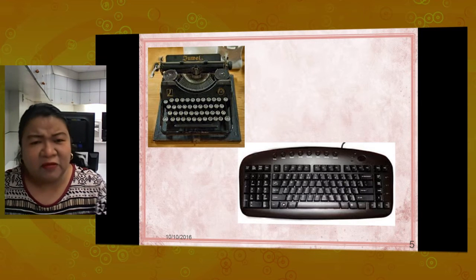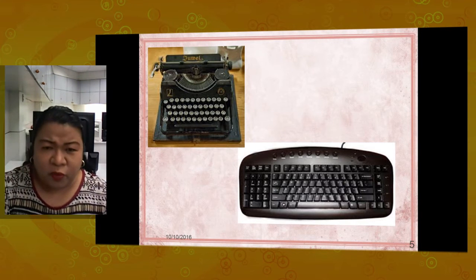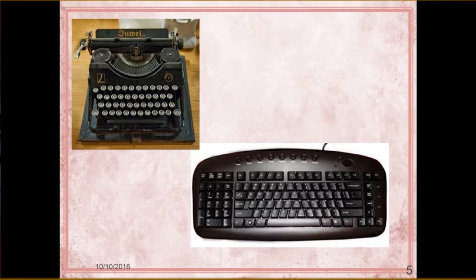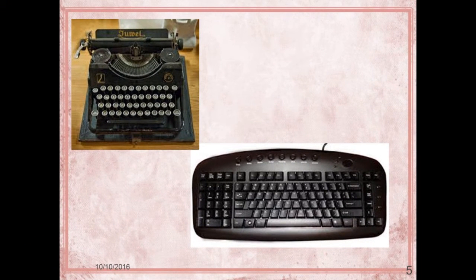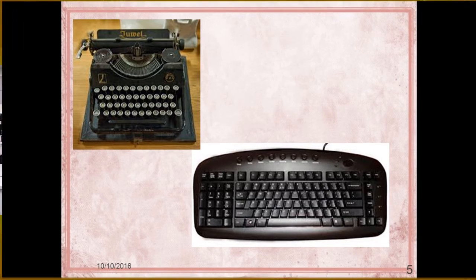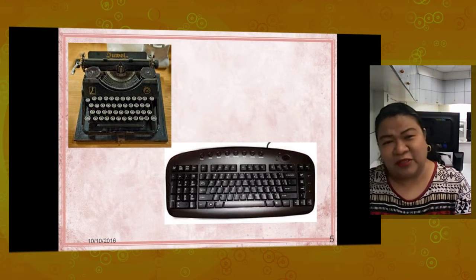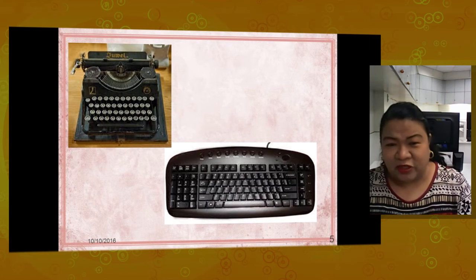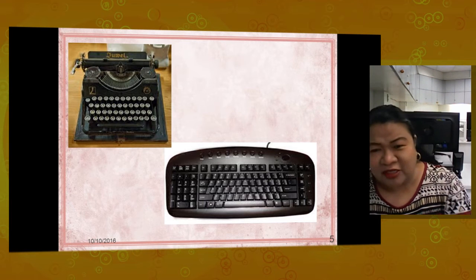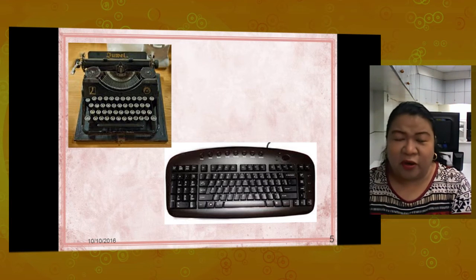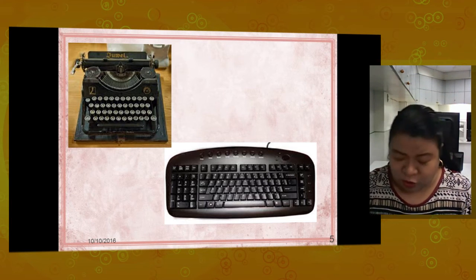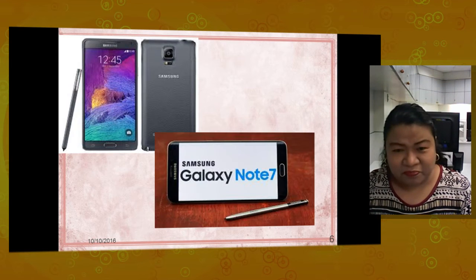Or people who used the typewriter before will be able to adjust to using the keyboard. Or maybe nowadays it's the opposite. Since everybody is using the keyboard, when you see the typewriter, you use your knowledge of the keyboard in order to somehow be able to use the typewriter.